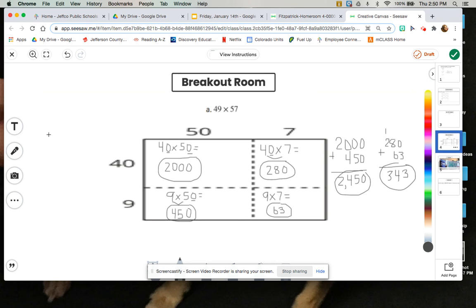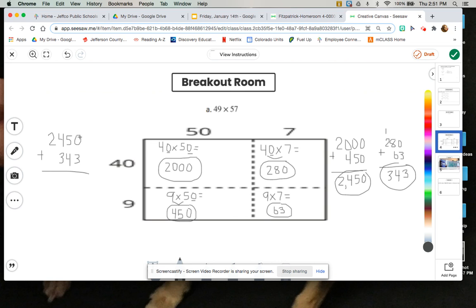And so now our final equation that we're going to use is 2,450 plus 343. And again, students already know how to do the algorithm for addition and subtraction.